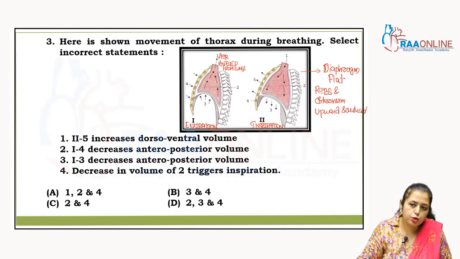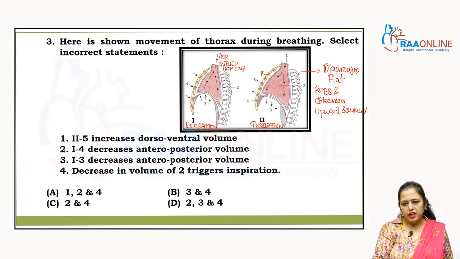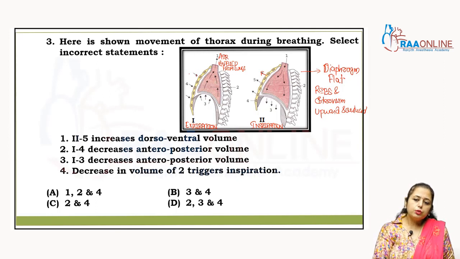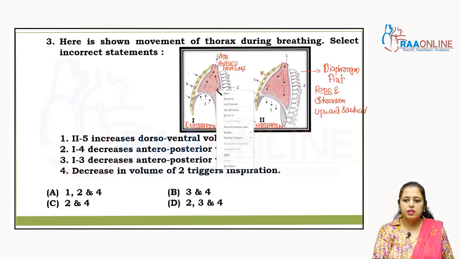So that diagram shows the upward and outward movement. In the same way, the ribs and the sternum return to their relaxed, original position. The diaphragm relaxes again, the air is expelled out, and the volume of the thoracic cavity is decreased here.